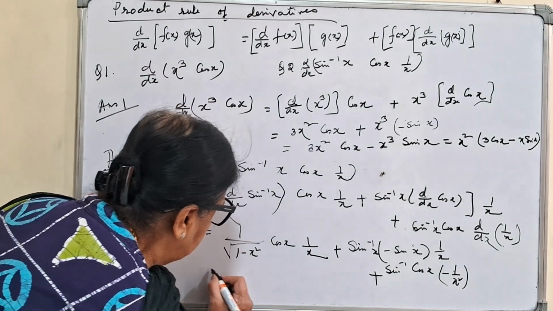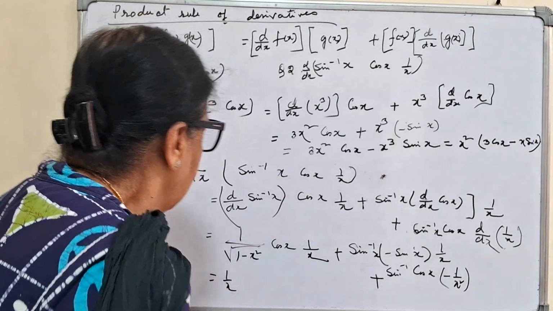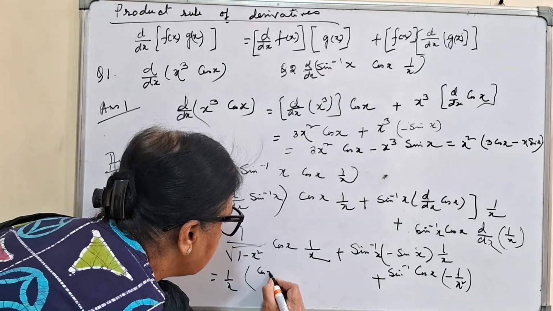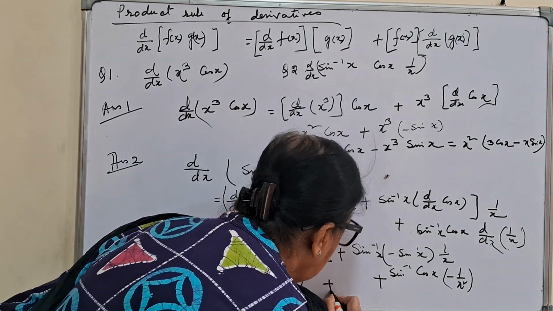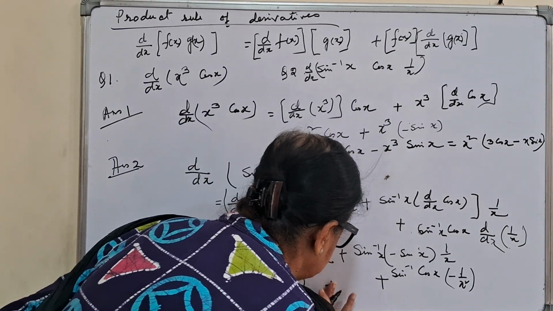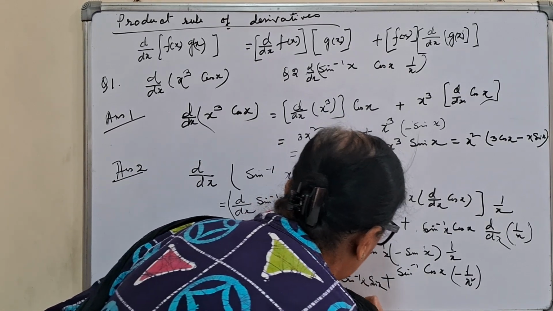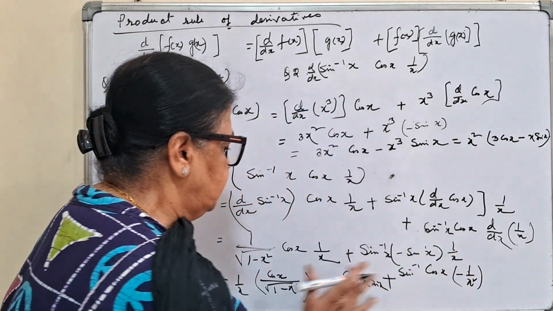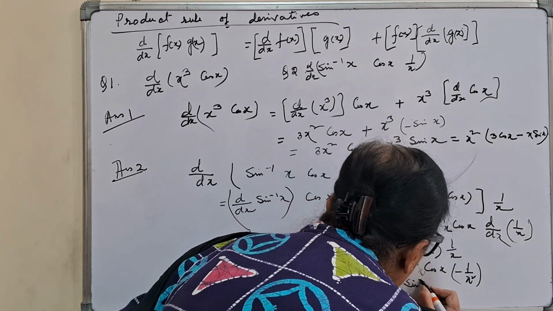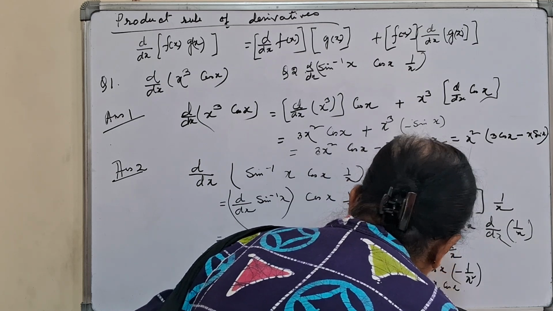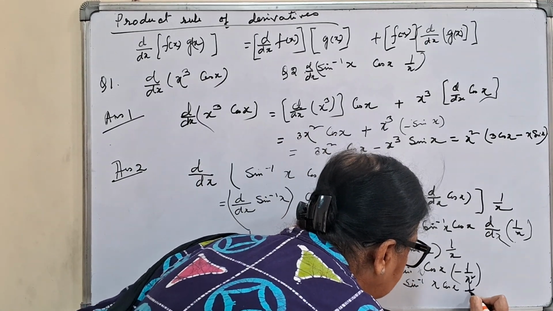So I can take 1 by x common from every term. Then 1 by x times: cos x divided by root over 1 minus x square, minus sin inverse x sin x, plus sin inverse x cos x divided by x.